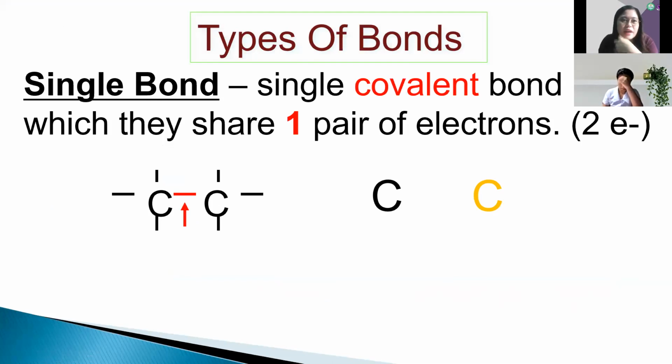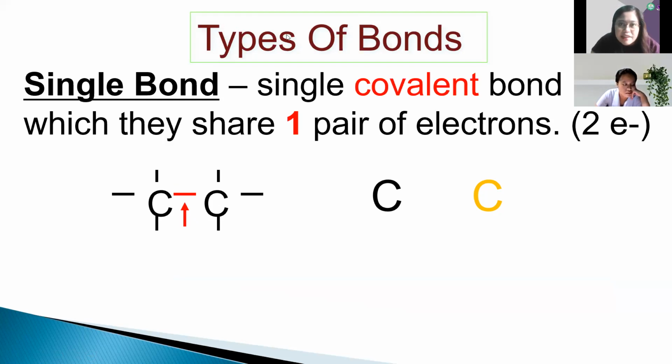The first one is the single bond, in which there is also a single covalent bond between 2 electrons that are being shared together. Wait, let me process screen. So this one, again, itong nakapula is called covalent bond na single bond, and this one is formed when the atoms share 1 pair of electrons.